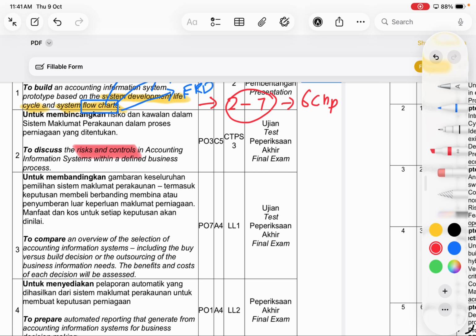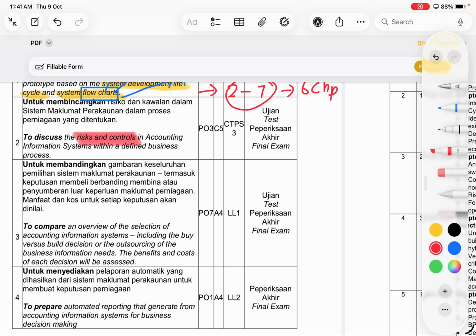Then we talk about this one, the three things. So here, whether you buy or build. Over here, buy versus build, or outsourcing.